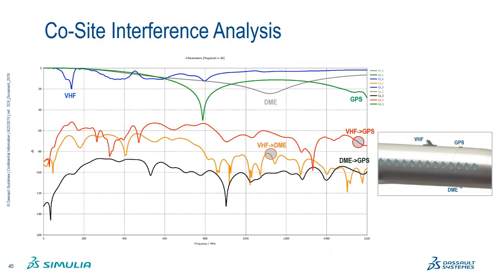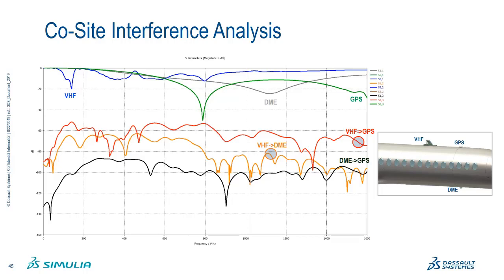So results for this 3-port system over a broadband from 0 to 1600 megahertz are shown in the slide. And you can see the operating bands of the antennas. VHF below 200 megahertz, the blue curve, DME around 1000 megahertz, the gray curve, and GPS at 1.575 gigahertz, the green curve.